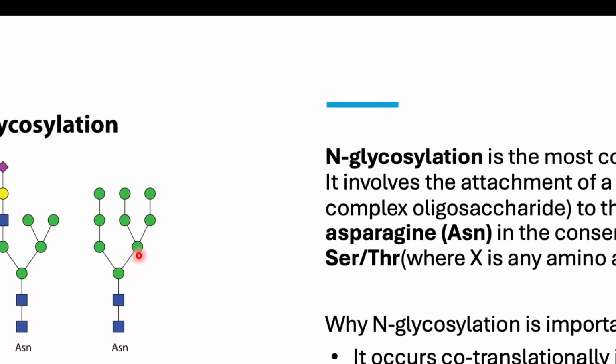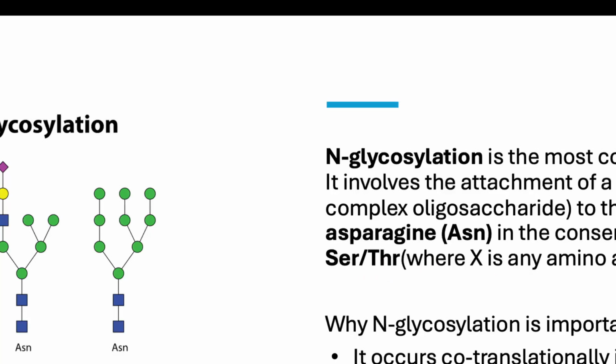N glycosylation is the most common type of glycosylation found in proteins. And just as we saw, N glycosylation happens both in the ER and the Golgi, while O glycosylation mainly happens in the Golgi apparatus. Now what is N-linked glycosylation? It involves attachment of a sugar molecule to the amide nitrogen of the asparagine in the consensus sequence asparagine-X-serine/threonine.